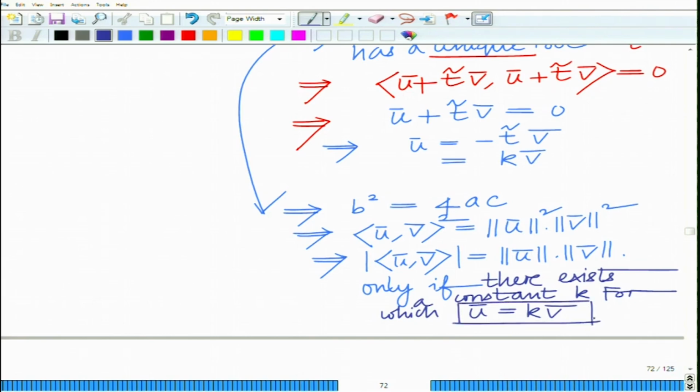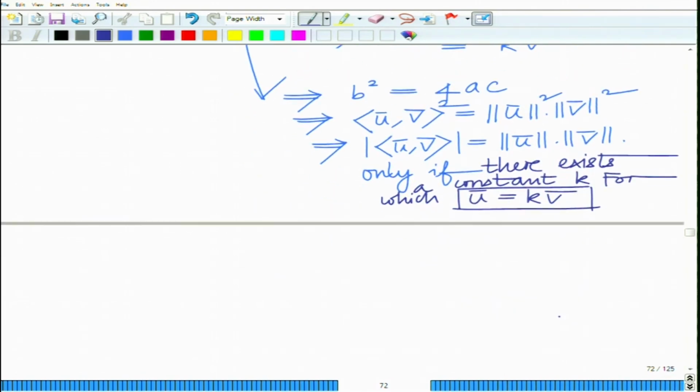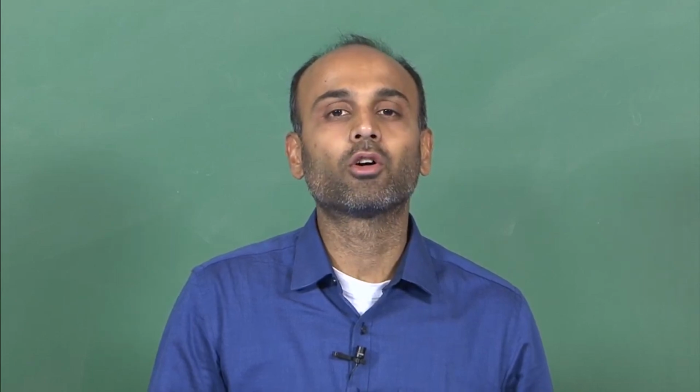So, the magnitude of the inner product is equal to the product of the norms of the two vectors only if the vector u bar is a constant times v bar.